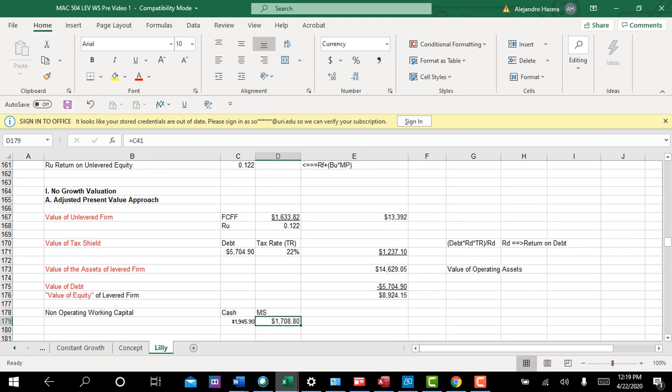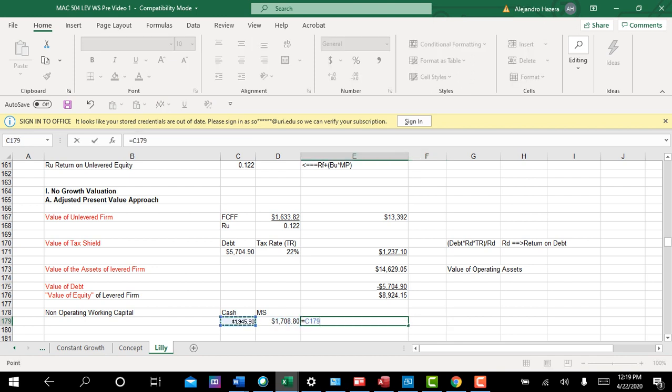Okay, so if I add these two things together, this is going to give me the value of, let's say, non-operating working capital, non-operating assets. And keep in mind what these are. These are cash, and these are marketable securities, the type that you see on a statement of cash flow. The firm is just buying and selling. It's just cash management, basically.